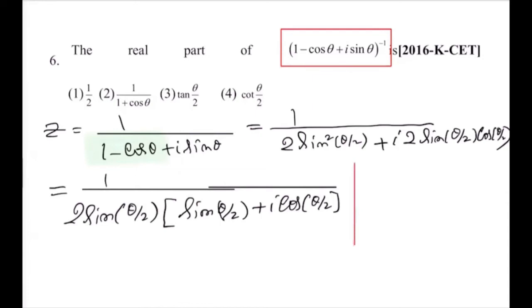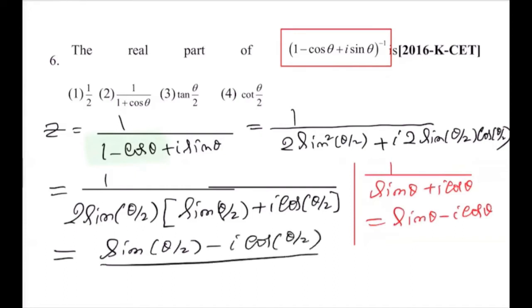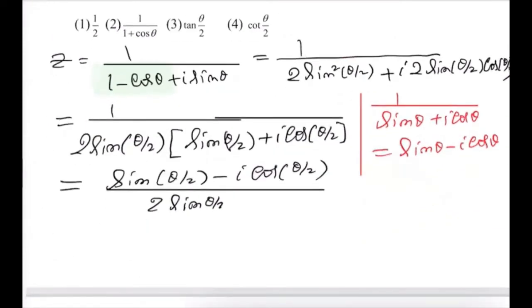Remember, reciprocal of sine theta plus i cos theta is sine theta minus i cos theta. So we can write this as sine of theta by 2 minus i cos of theta by 2 upon 2 sine of theta by 2. Divide each term by 2 sine theta by 2.